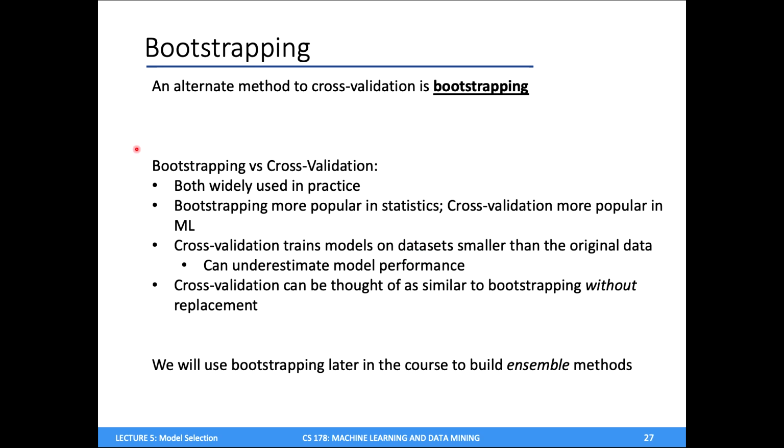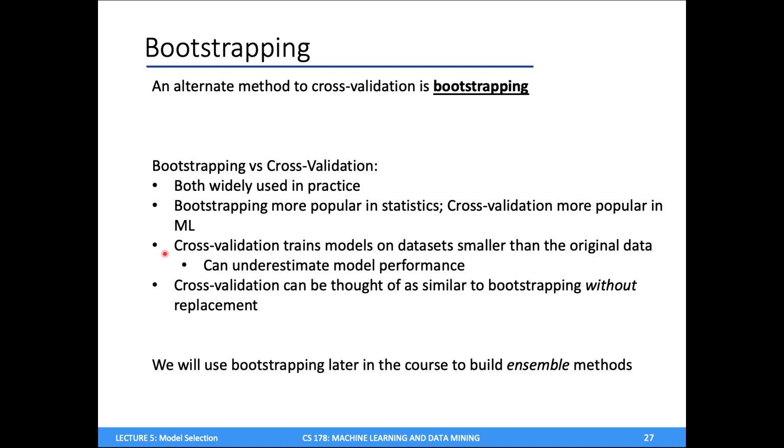Both bootstrapping and cross-validation are widely used in practice. Bootstrapping is a little more popular in the statistics literature, but cross-validation is more popular with the machine learning folk. I'll point out that one reason you might not want to use cross-validation is that you're actually training models on smaller data sets than your full training set.